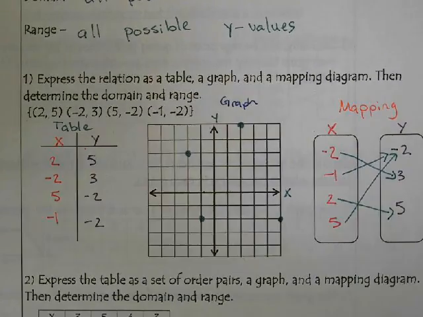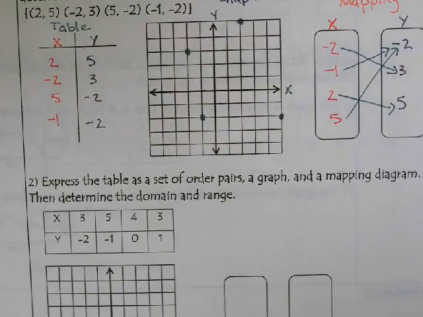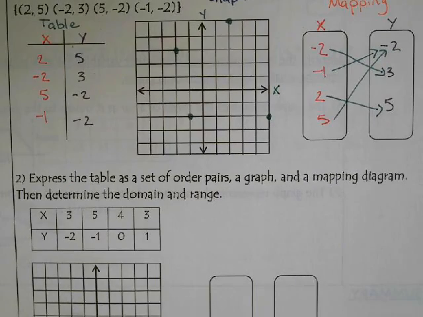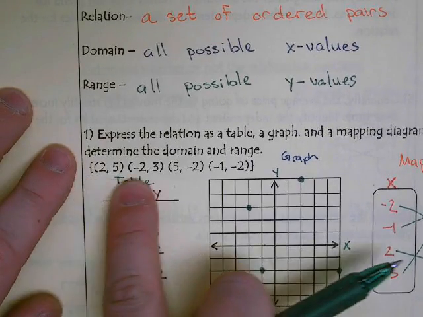Go ahead and try number 2 on your own. It's given as a table, and I would like you to write out the ordered pairs, and then we will graph them and do a mapping. So the first thing you'll do is take this table that's given and write out ordered pairs like this.